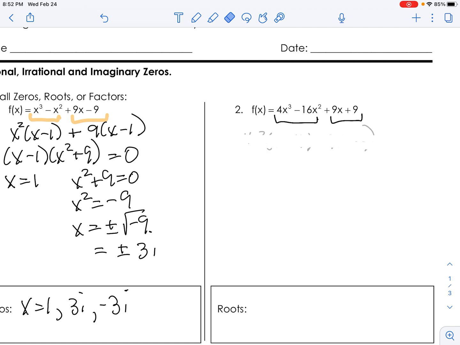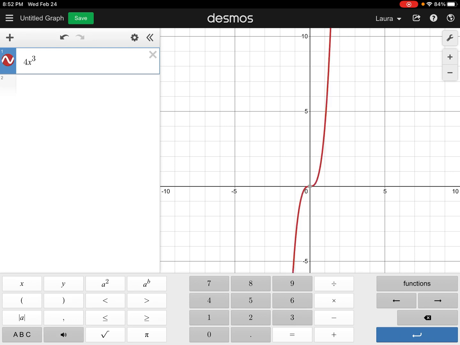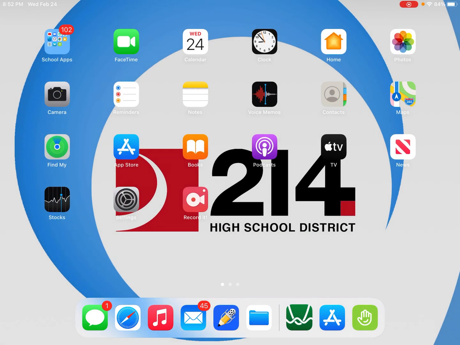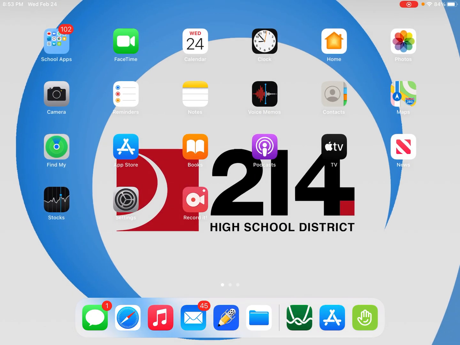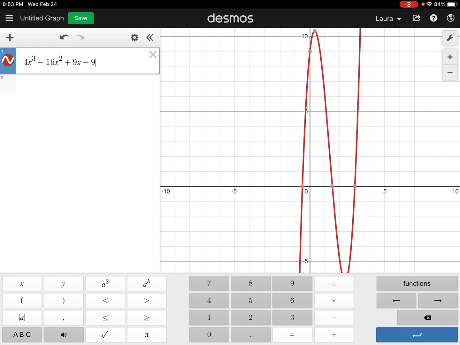So what do I do then? Well, let's put it into Desmos and see if we can find a 0, right? So 4x cubed minus 16x squared, plus 9x plus 9.